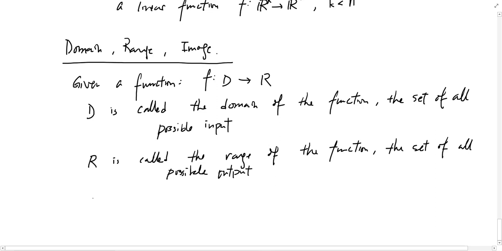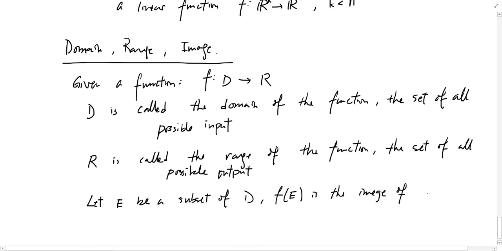And so what is the image? Let's say E is a subset of D. Then f of E is called the image of E within the range.